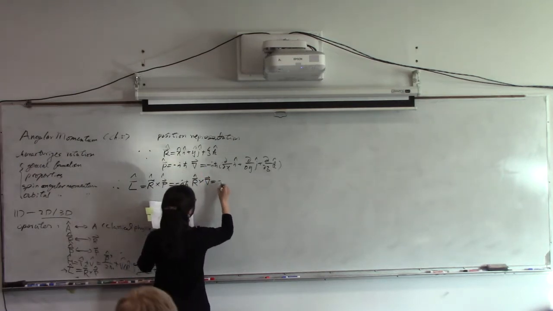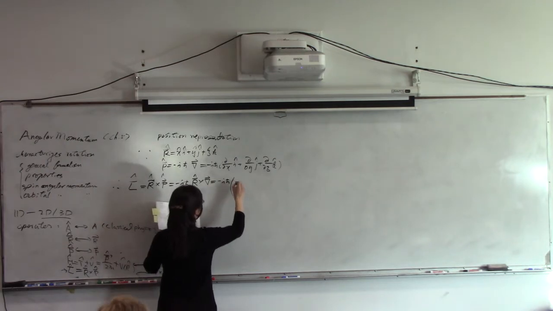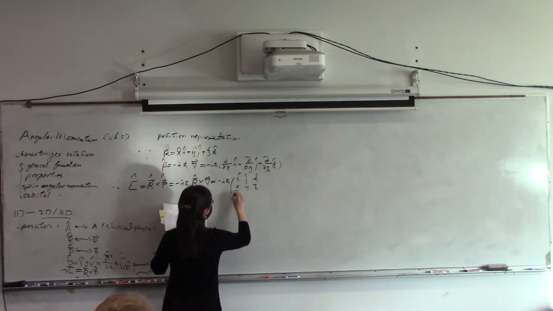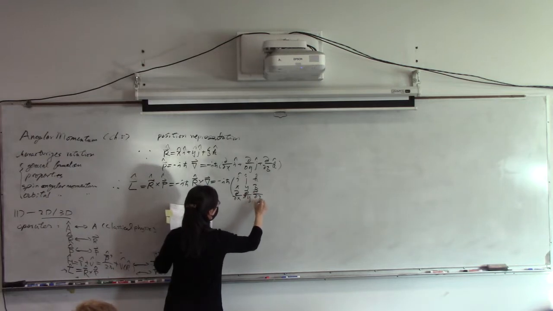Either way, I think you're familiar with this. Usually I use this matrix to help us: x, y, z, partial x, partial y, partial z, right?